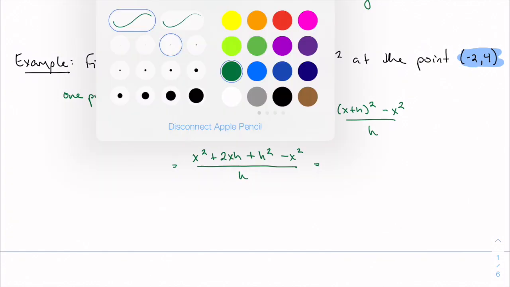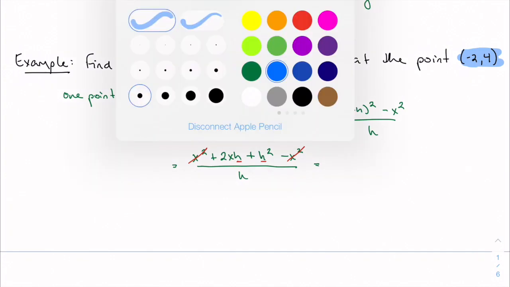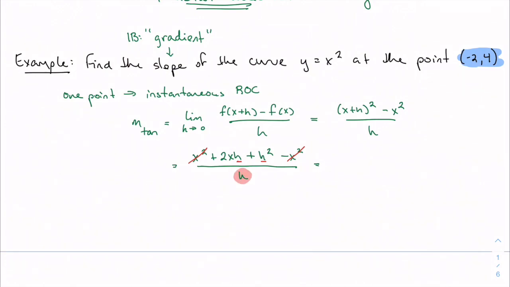So my goal with the slope of the tangent line is to find some way to get rid of this, right? We need to eliminate this denominator if we can, especially here, because if I plug in 0, I'm going to be dividing by 0, and I can't do that. Which is what factoring out our h helps us do.